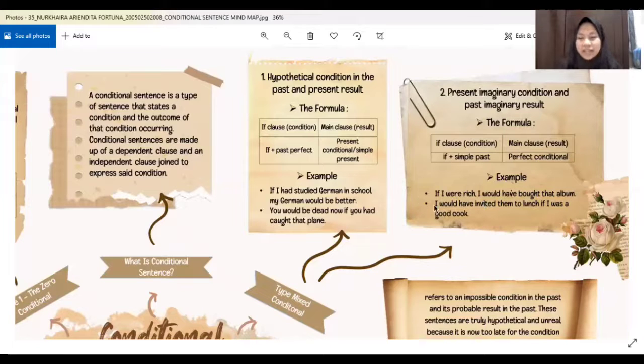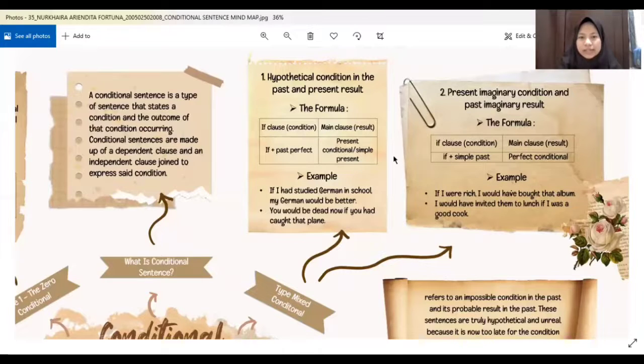And then the second example is I would have invited them to lunch if I were a good cook, which means that this person is not a good cook or she or he could not cook well, so they couldn't invite the people to lunch.